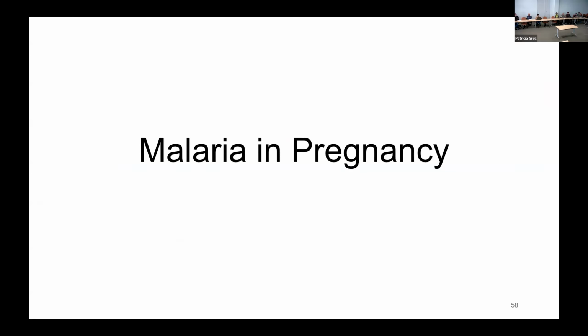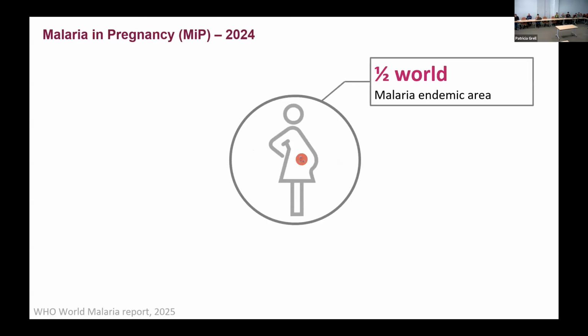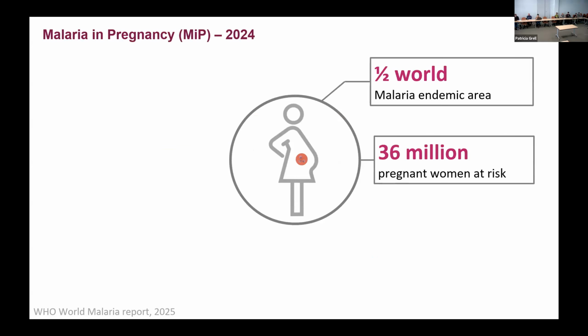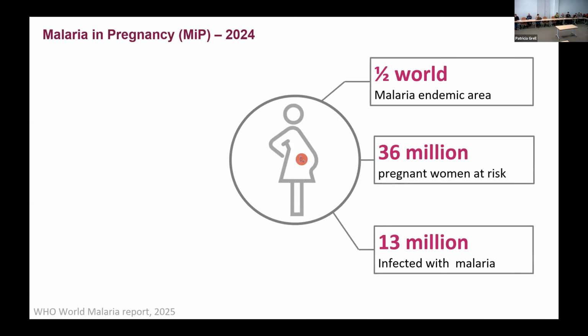So we've discussed that malaria is a parasite, it can stick in the vasculature, but in the case of pregnancy, it does something even a bit particular. So again, if we have half of the world in malaria endemic areas, it means every year there are around 36 million pregnant women at risk of developing malaria.